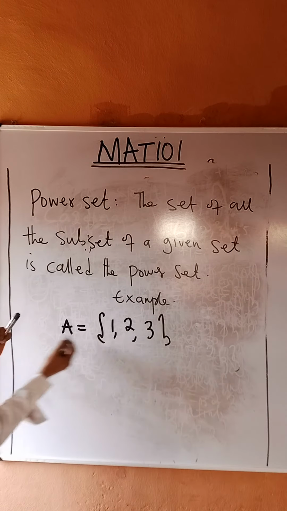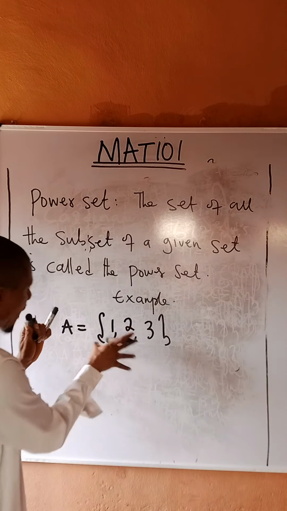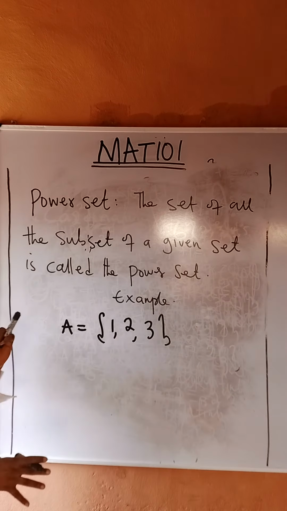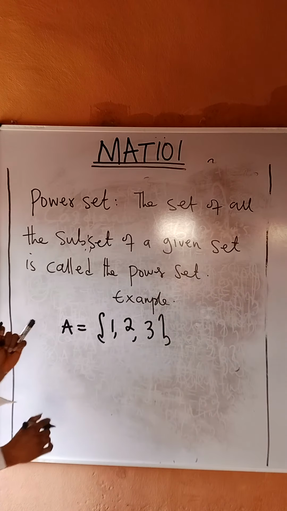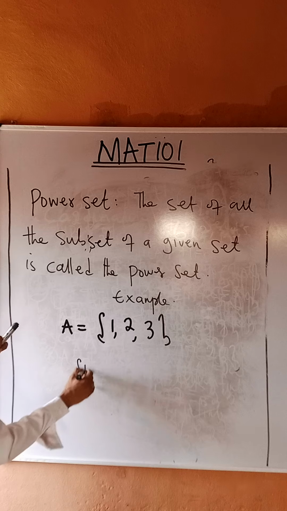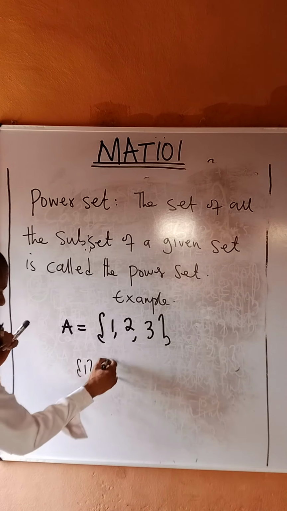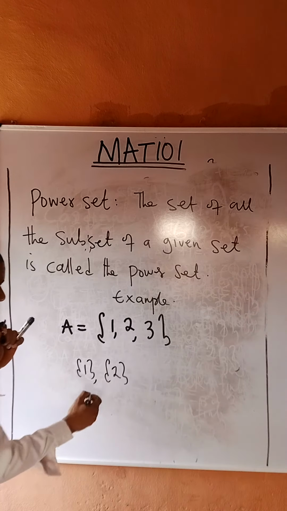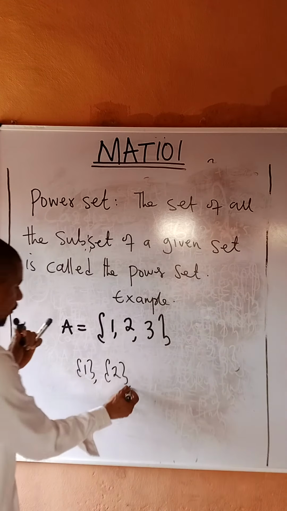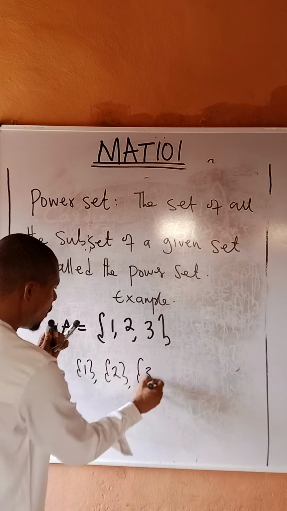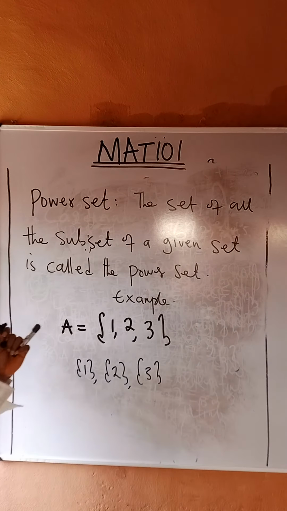So in this case, if I want to find all the subsets of this particular set, they are: I have 1, which is a subset of this set. I have 2, which is a subset of this set. I have 3, which is a subset of this set.